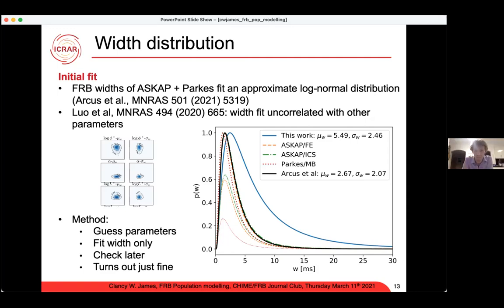So maybe this black line should go a little bit further to the left. What this really affects is, because I'm modeling ASKAP and Parkes here, ASKAP has a time smearing typically of a millisecond, so you don't care about this part of the distribution. For Parkes, you do care about it in the near universe. Because clearly once DM smearing takes over, you don't care for sensitivity purposes whether the intrinsic width is very low or not.